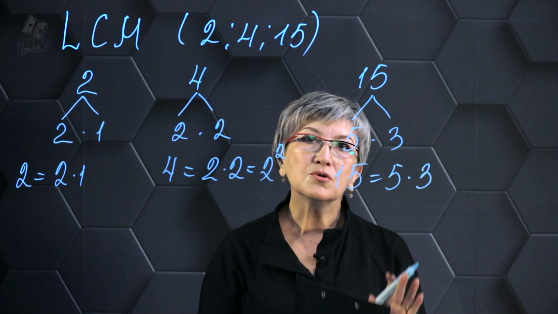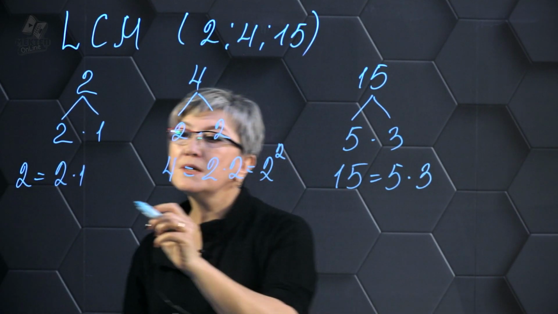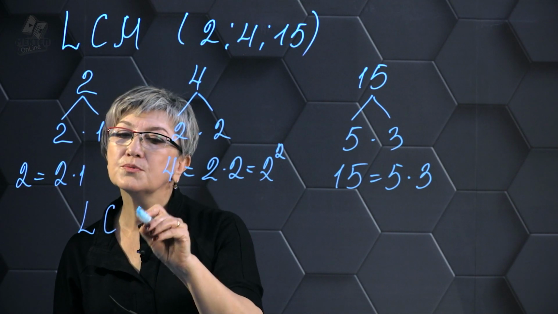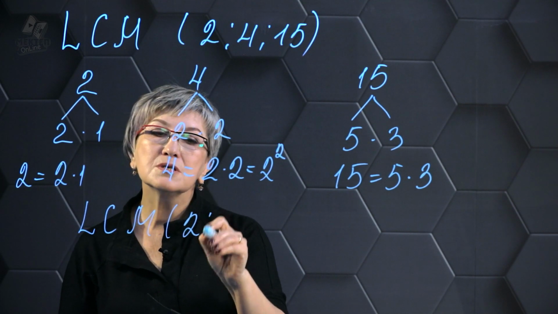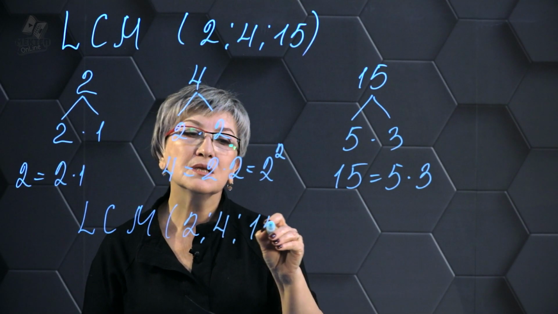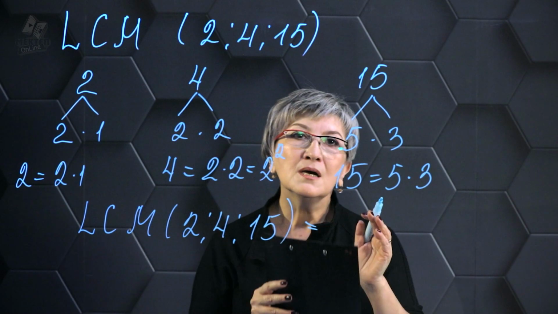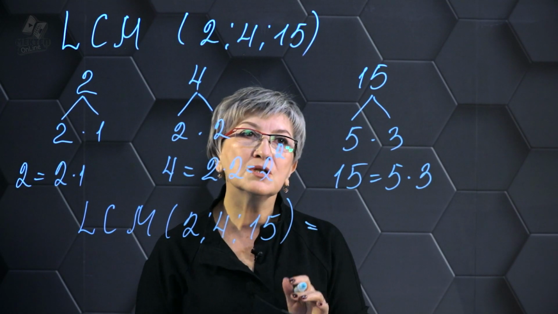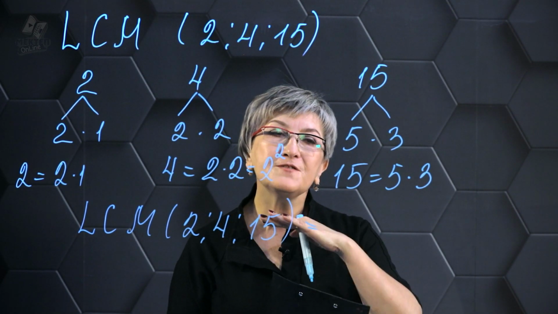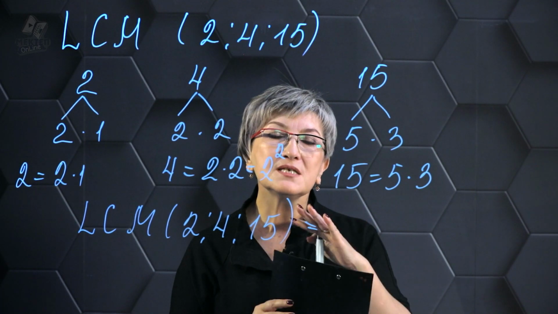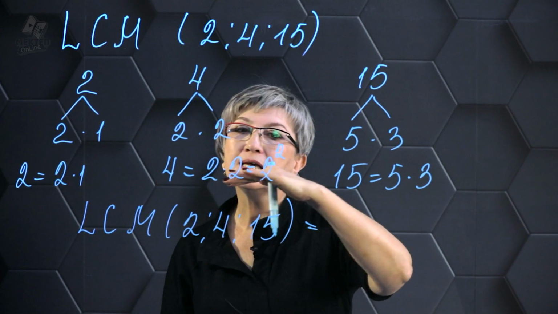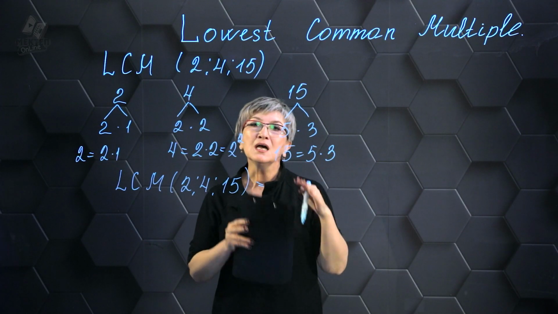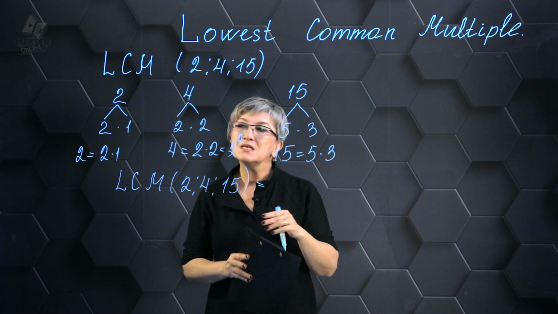All right, we're done with the breakdown, and now we're finding the least common multiple for the 3 numbers, 2, 4, and 15. So let's not forget, it is imperative that we record all the factors, each and every one, of this number, as well as of this number, and also of this number, taking into account the highest power associated with each factor.